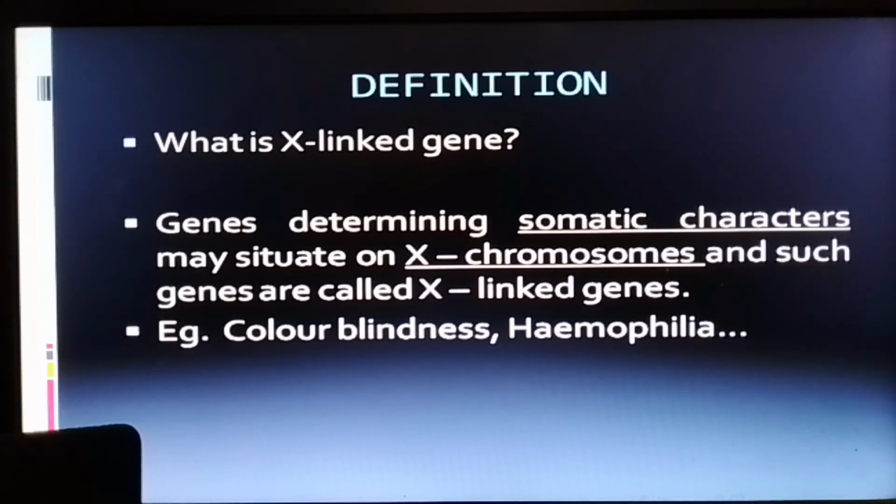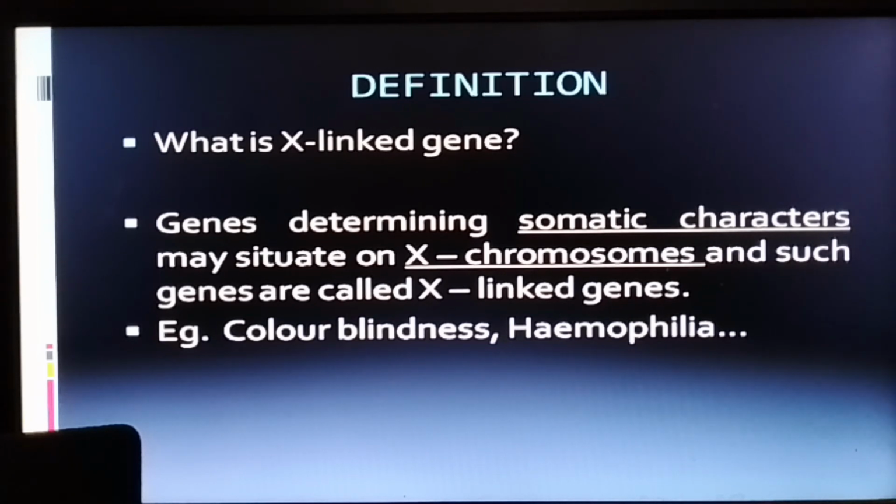Accordingly, they are specially called X-linked genes. So, if the genes are on a somatic chromosome, you simply say somatic genes. And if they are on the X chromosome in general and involved in the differentiation of gender as male and female characters, you say X genes, the genes on X chromosomes, or genes on Y chromosomes.